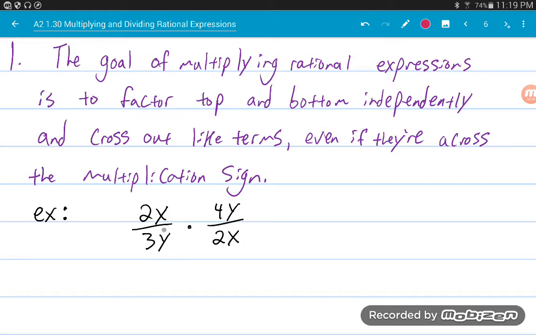So that means I can cross out the same thing top and bottom even if it's on an opposite side from the multiplication sign. So look, 2 on the bottom, 2 on the top. Cross them out. X on top, X on bottom. Cross those out too. A Y on bottom and a Y on top, and everything is crossed out except for the 4 over 3. You get it? So multiplication is almost like pretending that they're already one giant fraction instead of two separate ones.